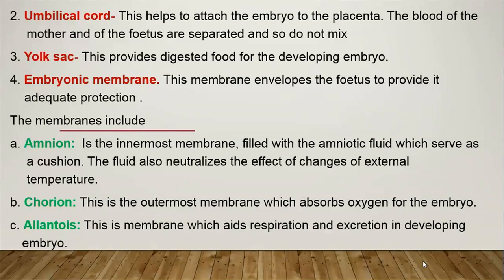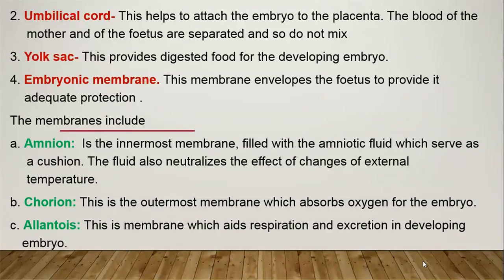Number 4 is the embryonic membrane. Now this membrane envelopes the fetus to provide it adequate protection. The membrane includes the amnion. This is the innermost membrane, which is filled with amniotic fluid, and this fluid serves as a cushion to the fetus. The fluid also neutralizes the effect of change of external temperature.